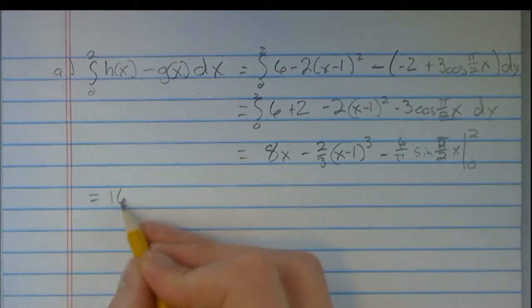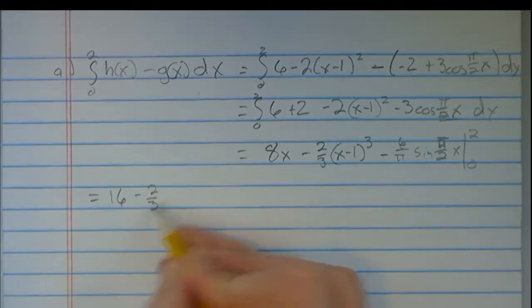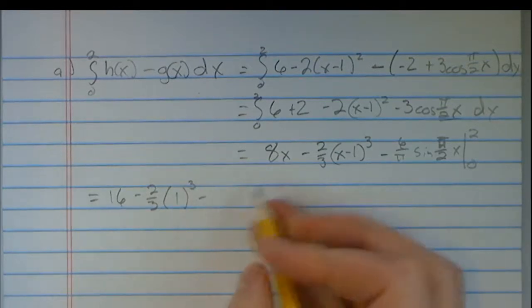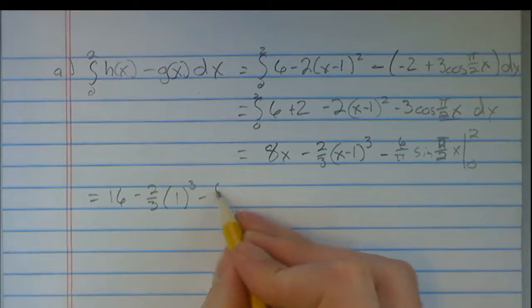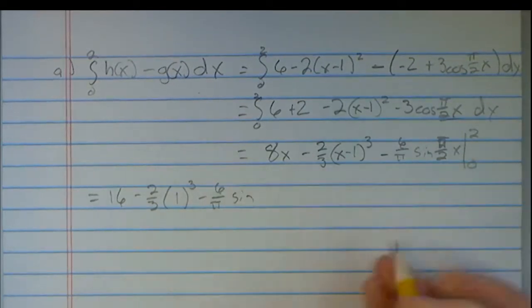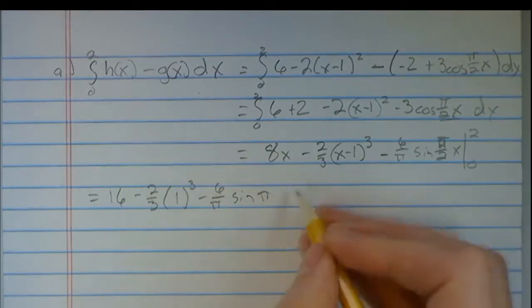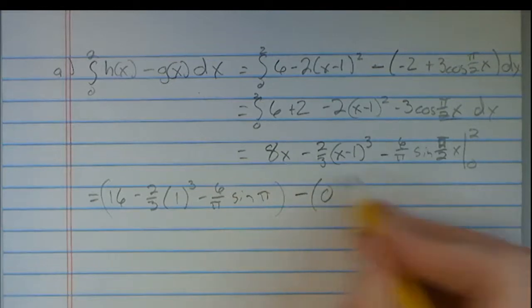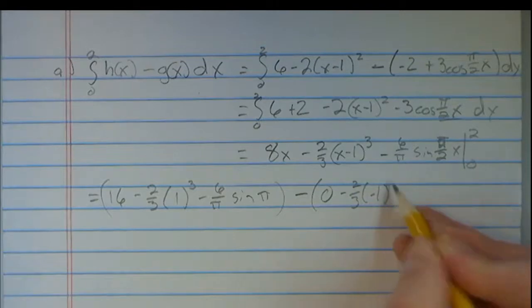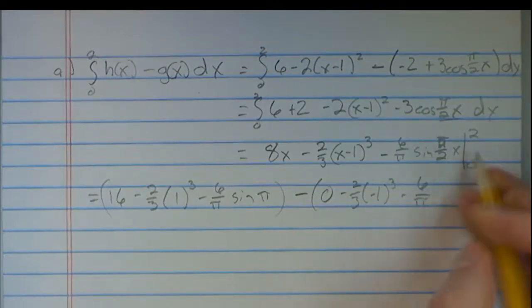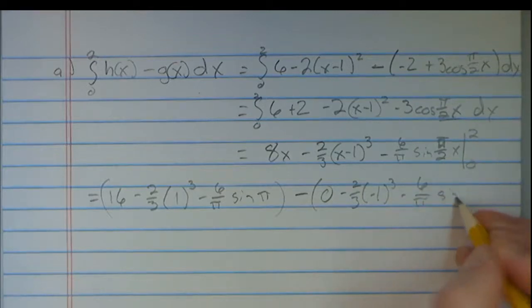So we have 16 minus 2/3 times 1 cubed, minus 6 over pi times the sine of pi over 2 times 2 times pi, minus 0, negative 2/3 times negative 1 to the third, minus 6 over pi sine of 0.